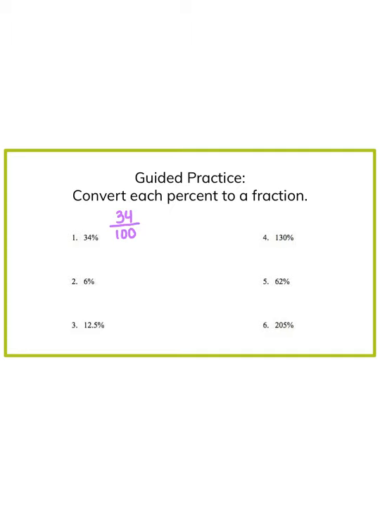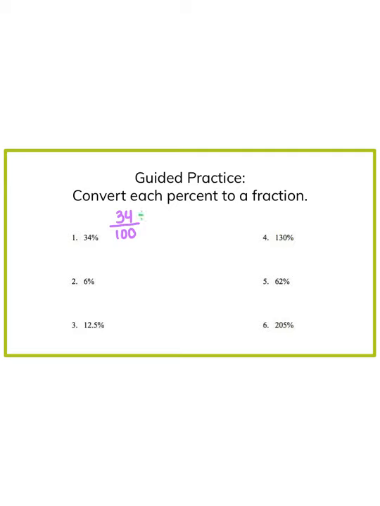I see that both of these numbers are even numbers. Whenever you have even numbers, they can always be divided by 2. We always want to make sure when we're simplifying fractions that we're dividing both the numerator and the denominator by the same number, because fractions like fairness.